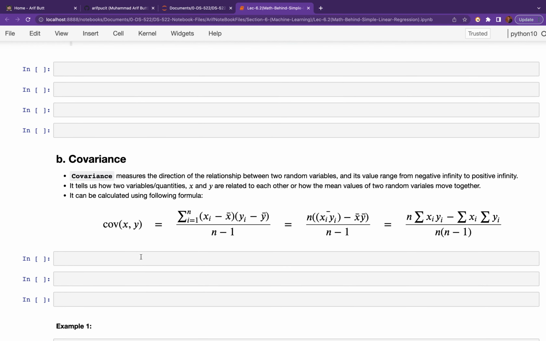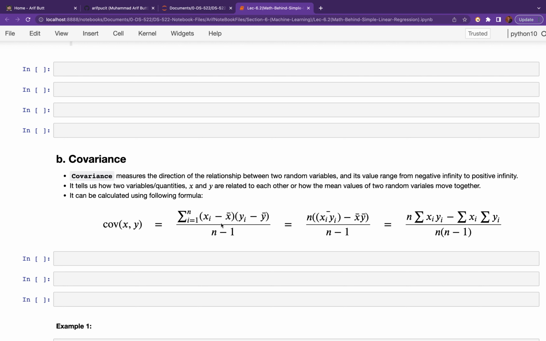Okay, now we know that variance tells us how much a single quantity varies with respect to its mean. This covariance tells us the direction in which two quantities vary with each other. In literature, you may come across different formulas to calculate covariance. This first is the basic formula, and the other two can, of course, be derived from it.